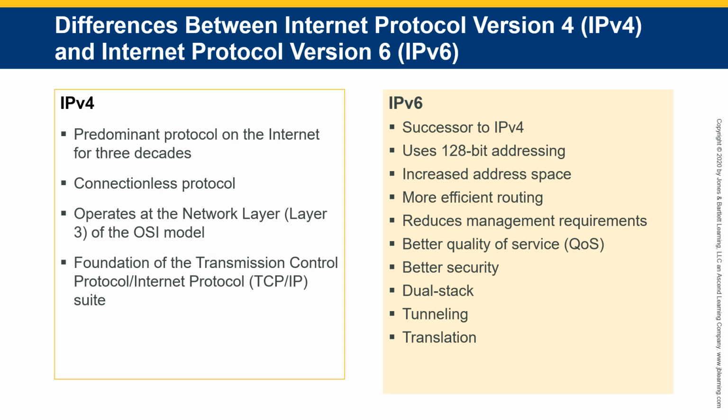This increased the address base to where they said this equals every star that can be counted in all the known galaxies at this time. That's what they're comparing it to.